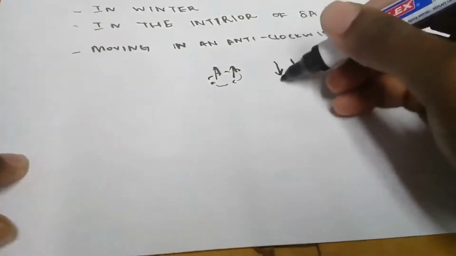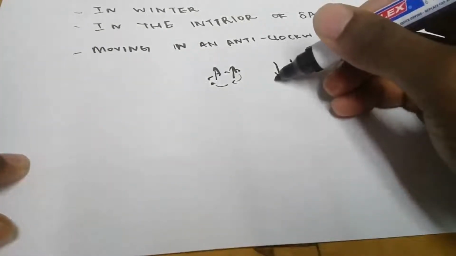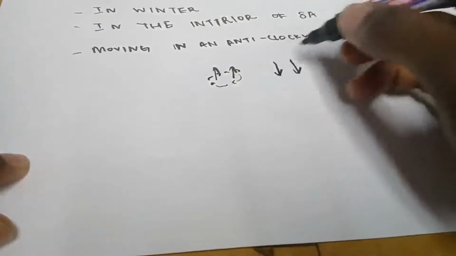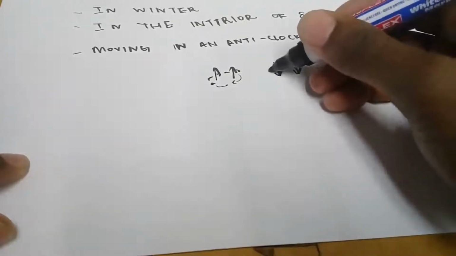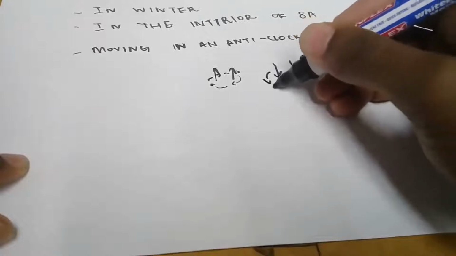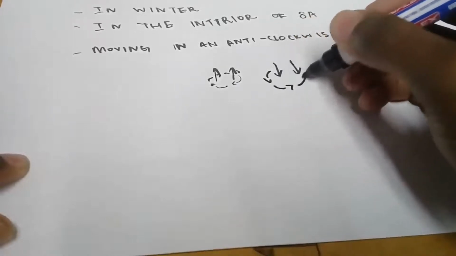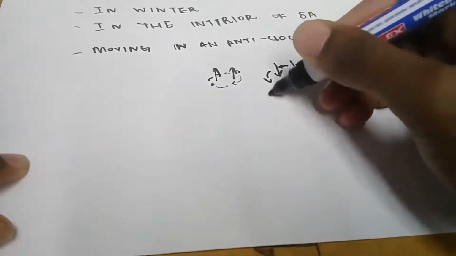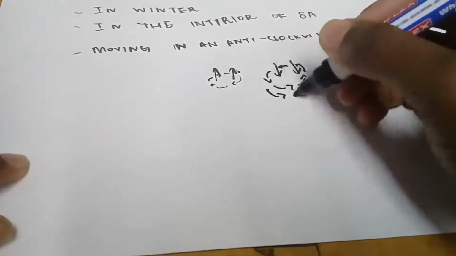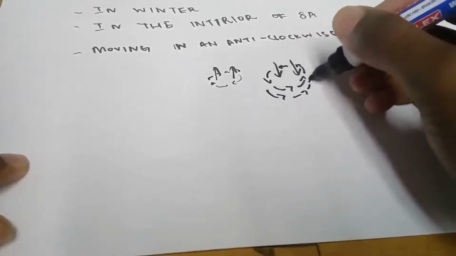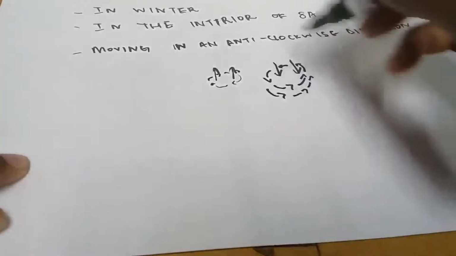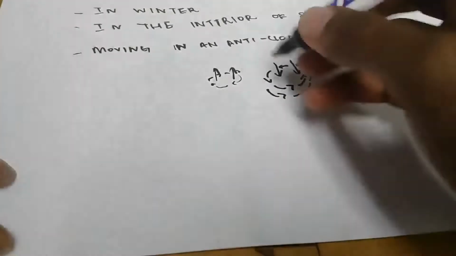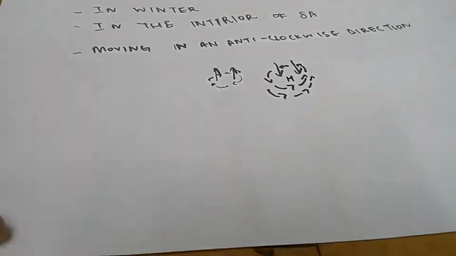So it's going to move in an anti-clockwise direction. It's going down. You see? It's moving in an anti-clockwise direction, causing a high pressure. It's a high pressure system.